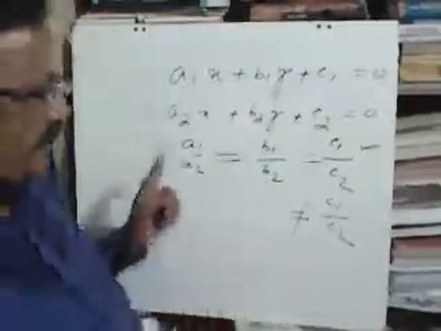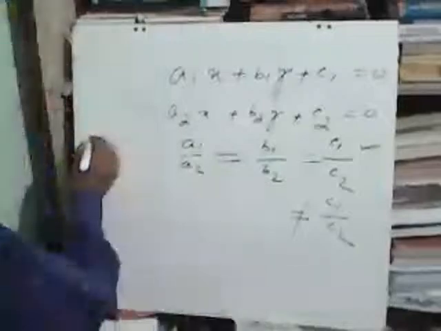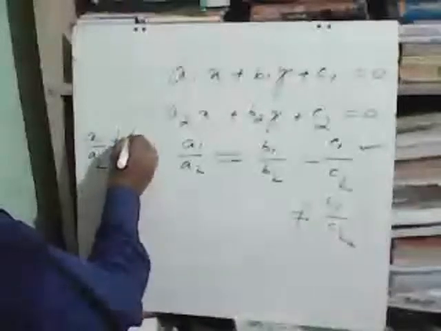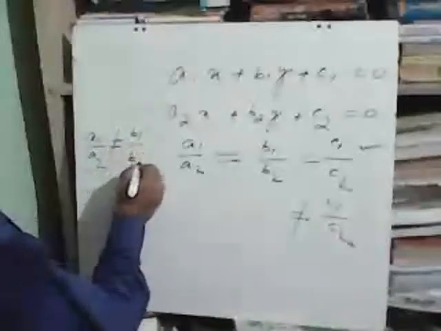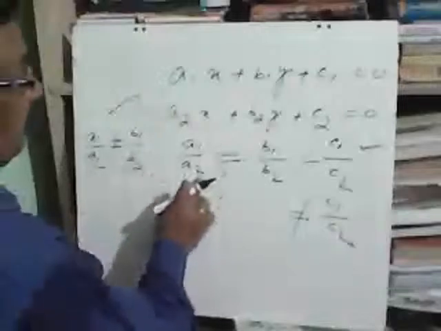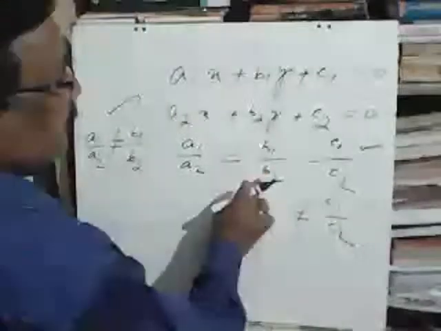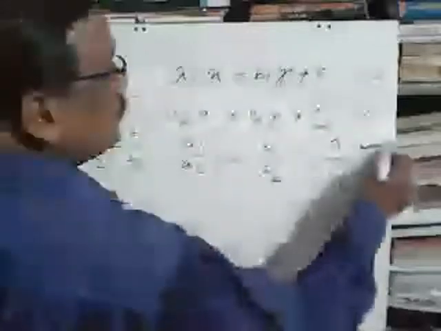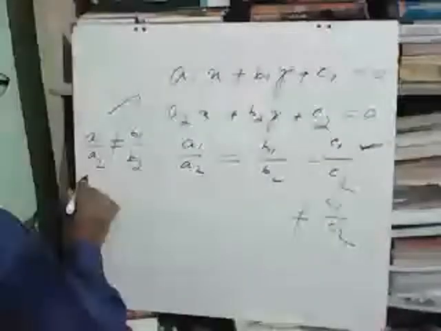The first case is a1 by a2 not equal to b1 by b2, and the other is a1 by a2 equal to b1 by b2 equal to c1 by c2. In these two cases, a solution exists, so the system is consistent.